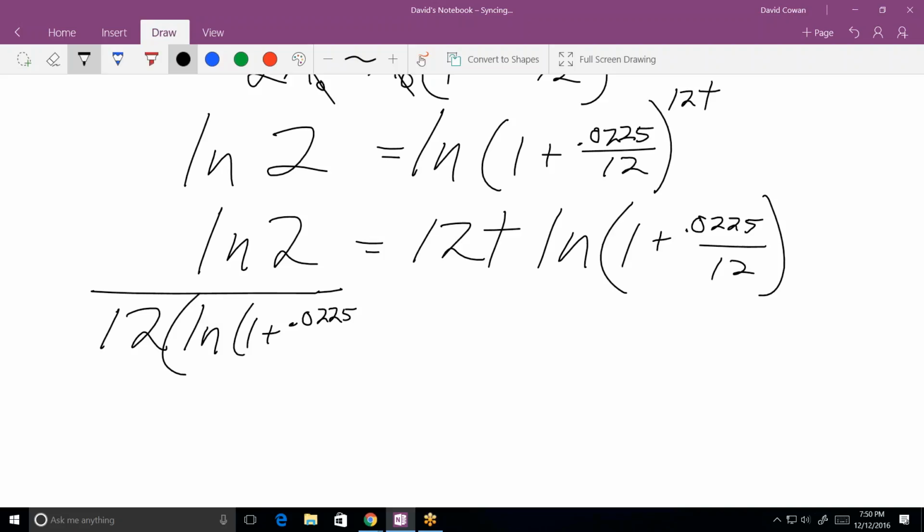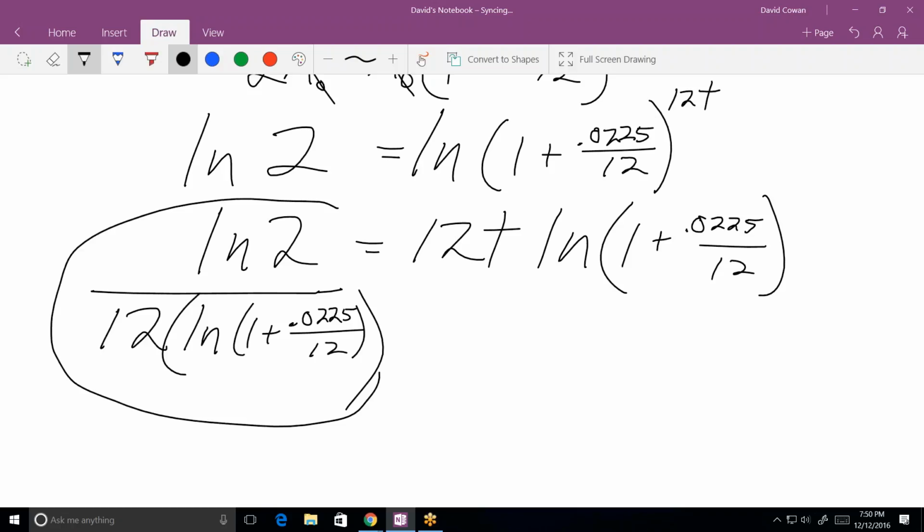You see how I get this? And that's your answer. That's a number you can get out of your calculator, and that'll tell you how long it takes. t is in years in this particular case.